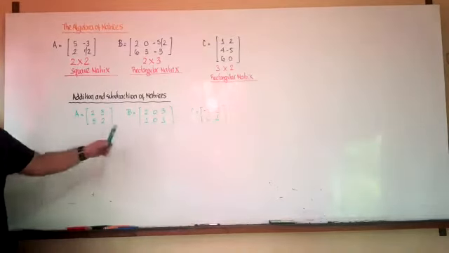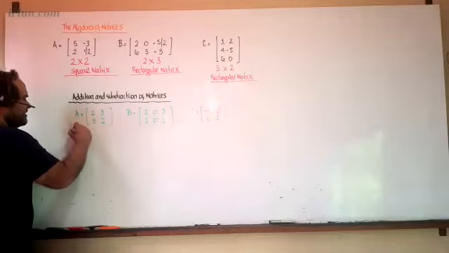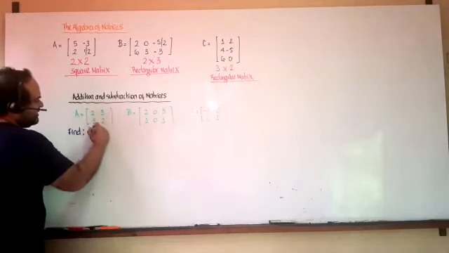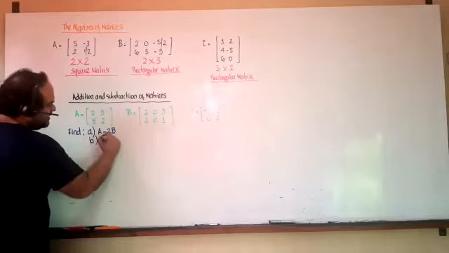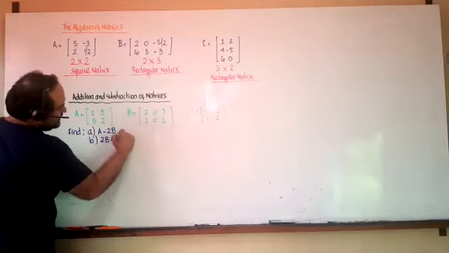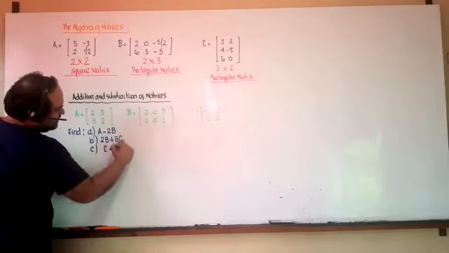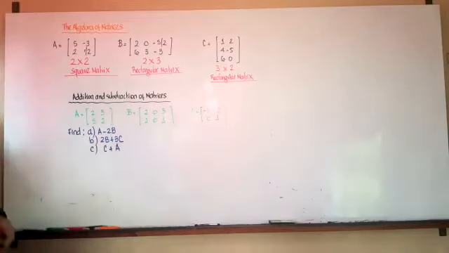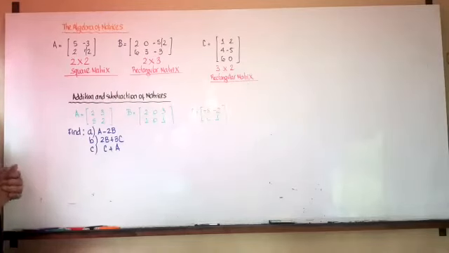We have three matrices, A, B, and C, and the requirements are to find: letter A, A minus 2B; letter B, 2B plus 3C; and letter C, C plus A. These are the commands. Let's see what we get.